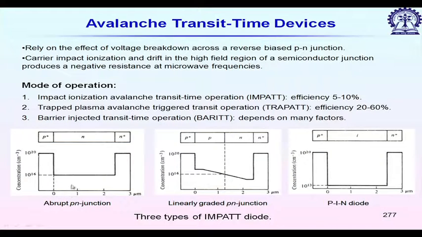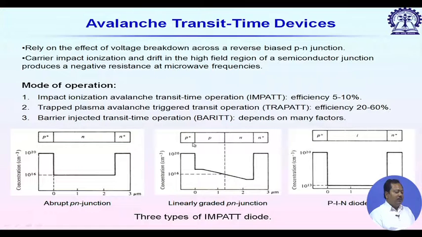Before basic operations, here are three different schematics for three different types of IMPATT diodes. The first one is abrupt p-n junction, and you can see p plus n n plus. So, the n middle layer is lightly doped and it is used as the drift region.